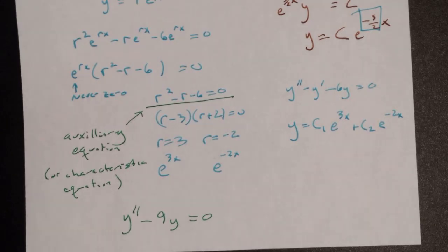Here is a second order differential equation. It's got constant coefficients. What is the corresponding auxiliary equation?